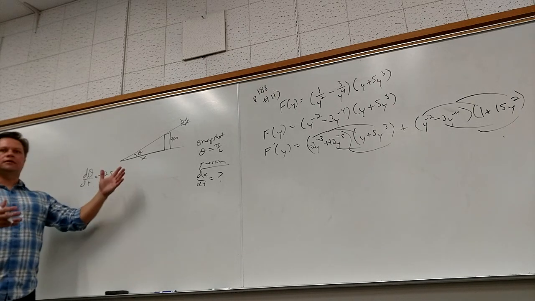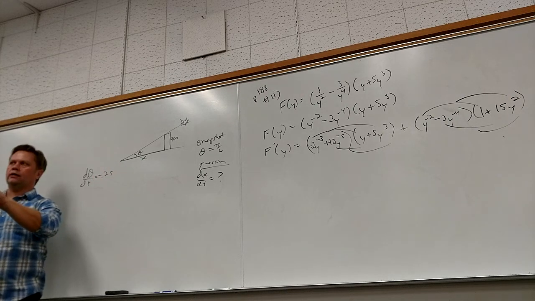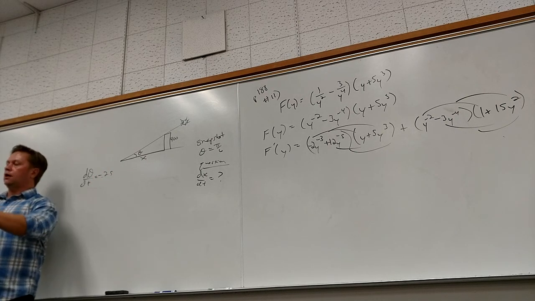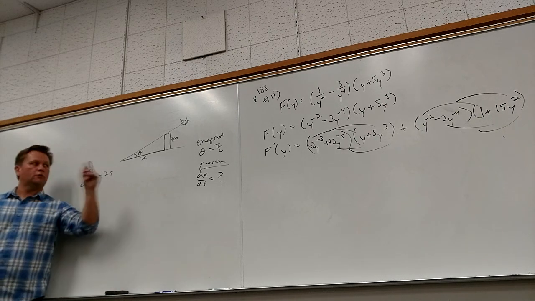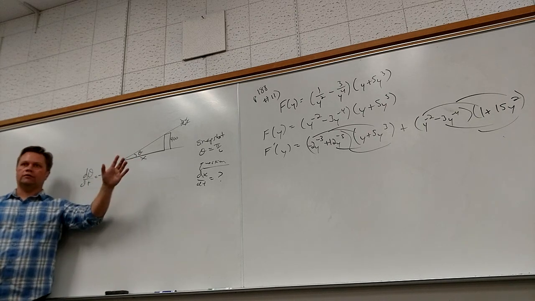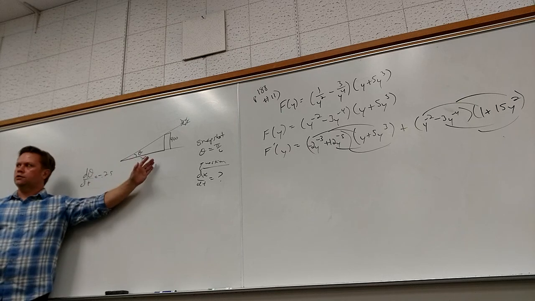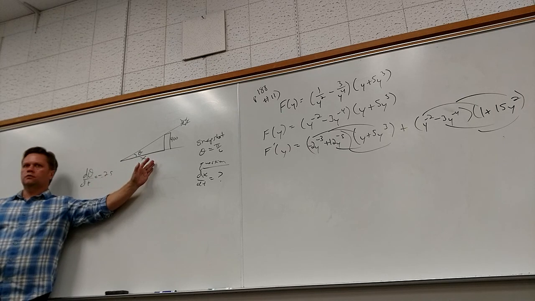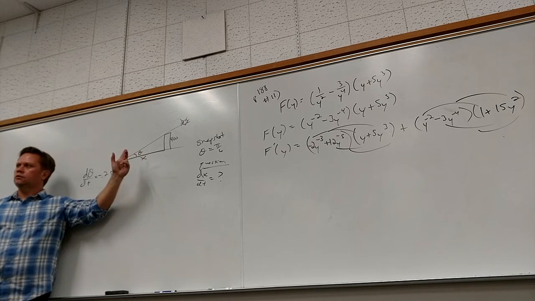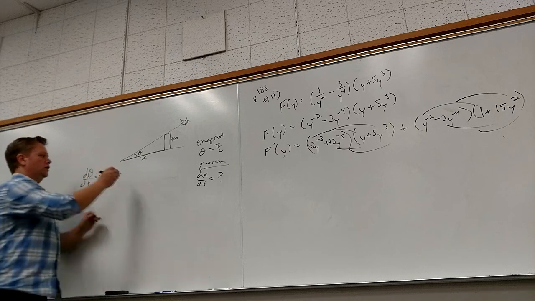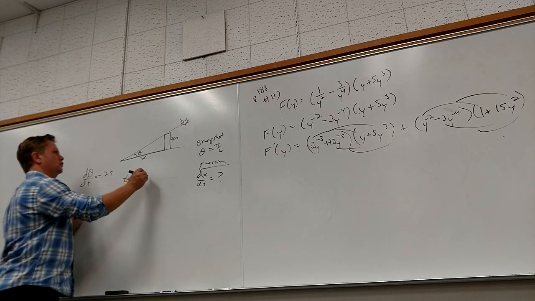Now, do you guys see how I collect what they tell me, I collect what they're asking me in symbols, and then I step back and say, what's the equation that relates everything? So what equation can I set up here? It has to be related to the angle, right? Okay, tangent theta equals 400 over x.